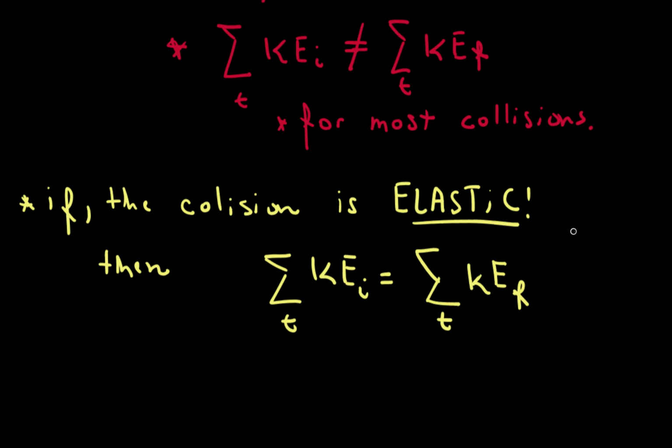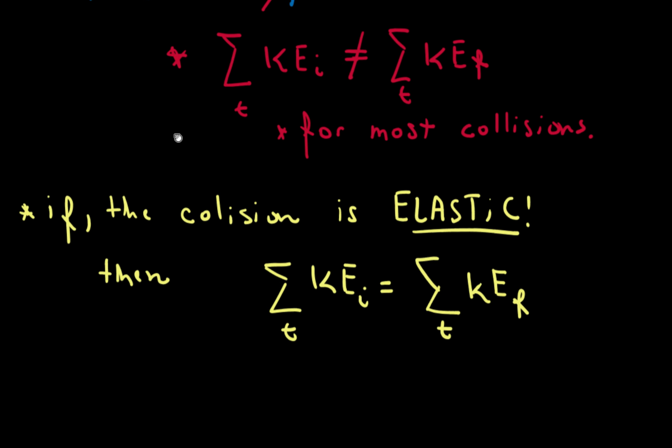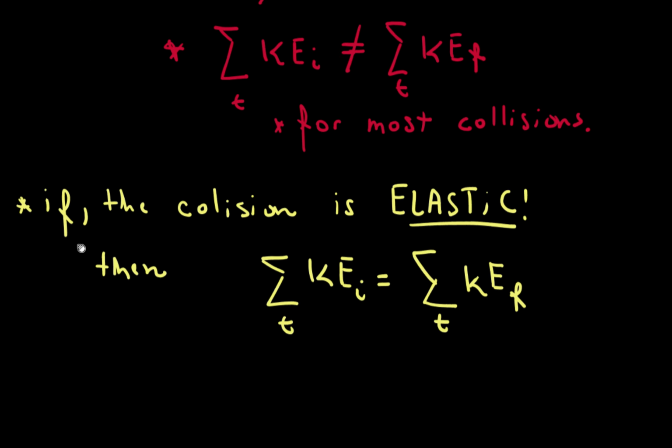Now, how often does this happen? In real life, almost no collision is elastic. So in real life applications, like a car colliding with a car, or two objects colliding, the majority of collisions will not be elastic.